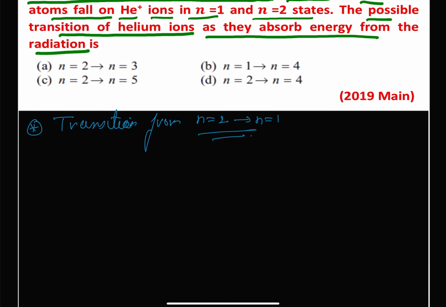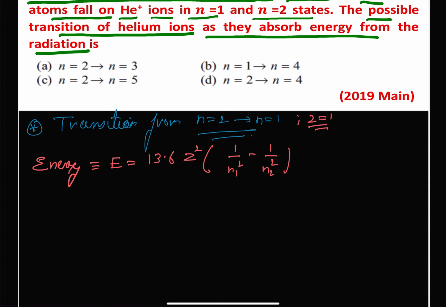Energy E is equal to 13.6 Z square into 1 upon n1 square minus 1 upon n2 square. And here we know that the value of Z will be equal to 1 for the case of hydrogen, so we get 13.6 into 1 square, times 1 square minus 1 upon 2 square.